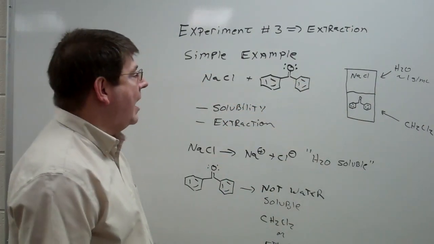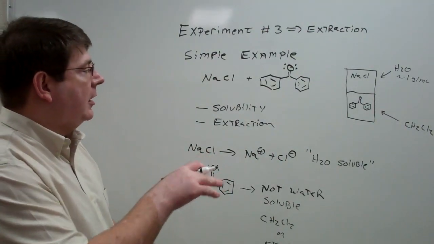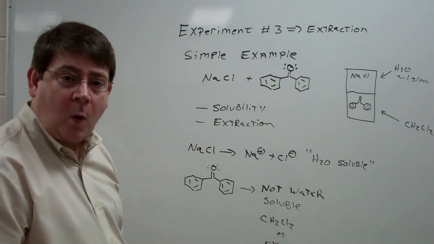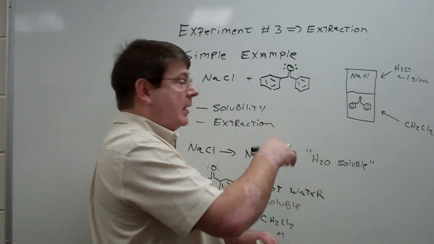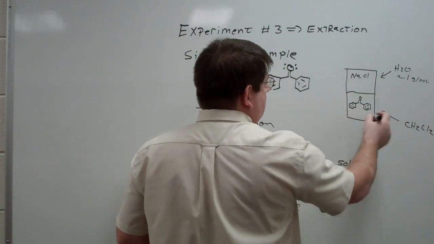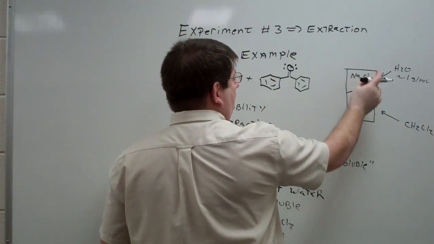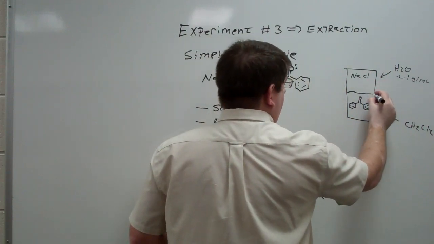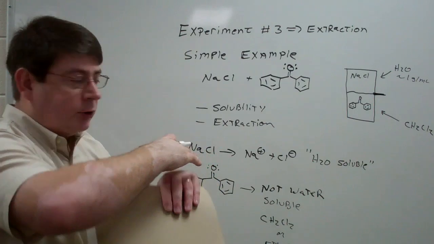Now, if you don't have that information at hand, you can put your two solvents together and then add a little bit of water to the mixture and see which layer gets bigger. So what we would do is start off with our separatory funnel, put our organic layer in, our water layer, and mark the separatory funnel with a line showing where the two layers meet.